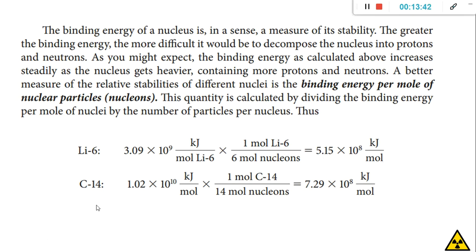The same with carbon 14. Since we have 1.02 times 10 raised to 10 kilojoule per mole, in 1 mole of carbon 14, we have 14 moles of nucleons. So finally we have 7.29 times 10 raised to 8 kilojoule per mole.